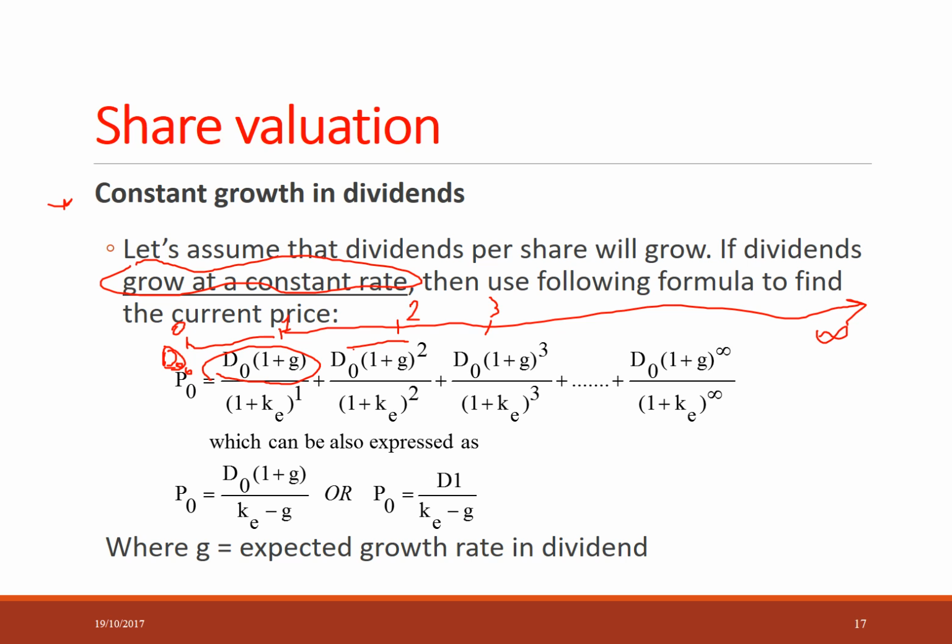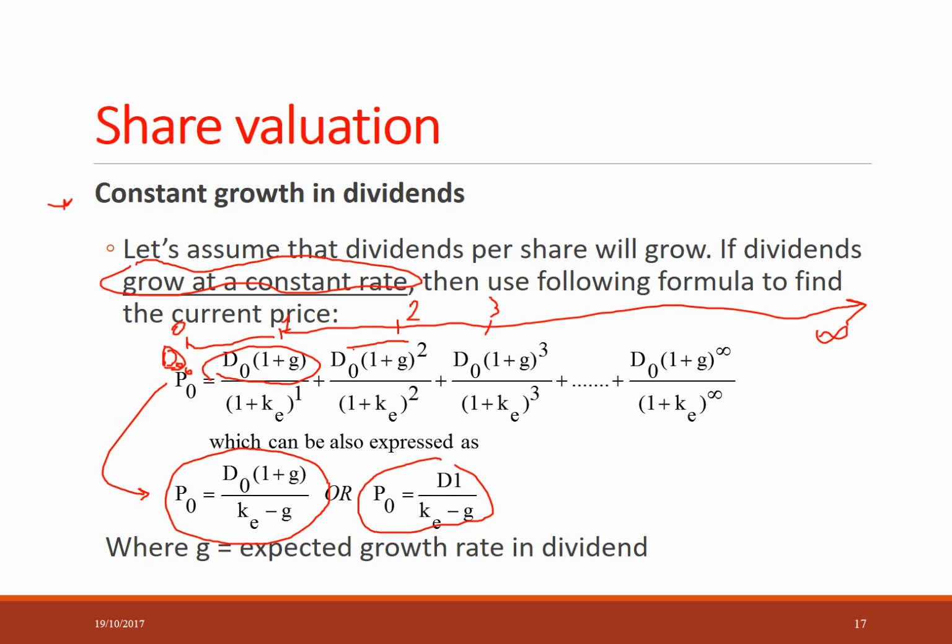So this model could be expressed using this equation, where the price of the share is equal to the dividend at today's time, the dividend that we just got paid, times (1 + g), divided by the cost of capital minus the growth rate.